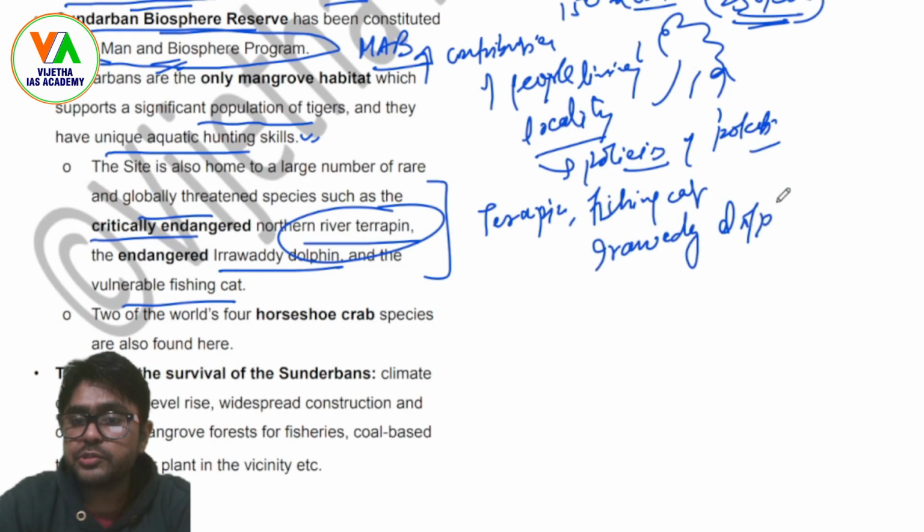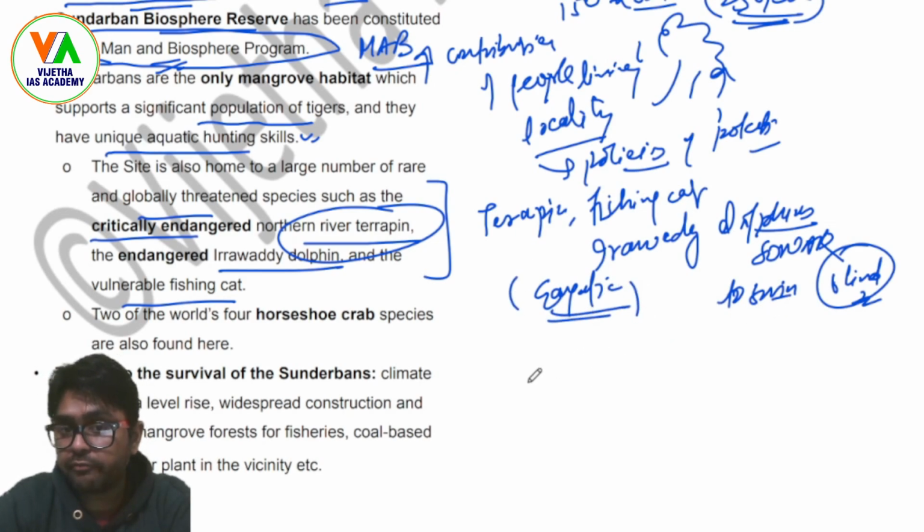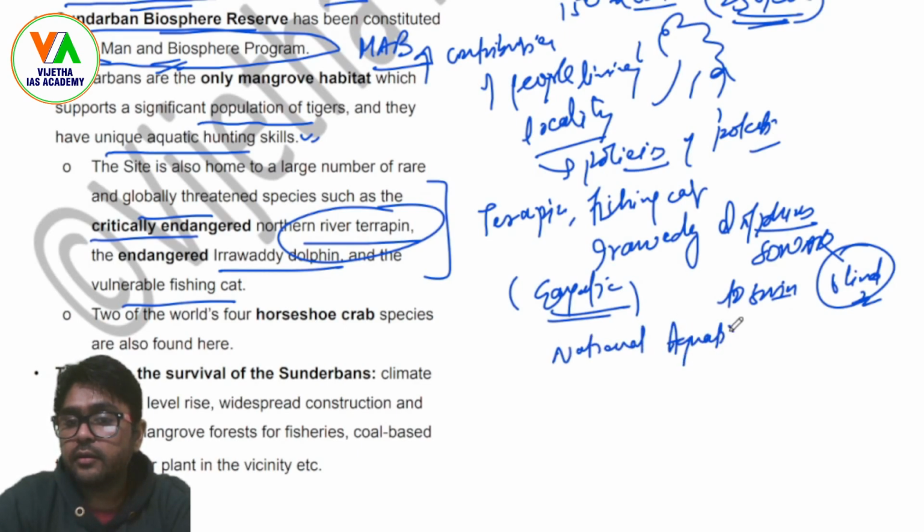dolphins. You must be knowing that dolphins use the sonar technique to swim because they are blind, right? There are Gangetic dolphins which are found in this region, and they are very much important. The Gangetic dolphin is basically the national aquatic animal in India.